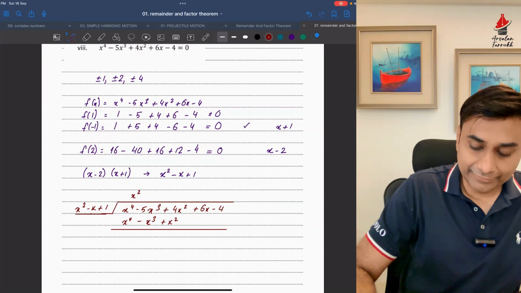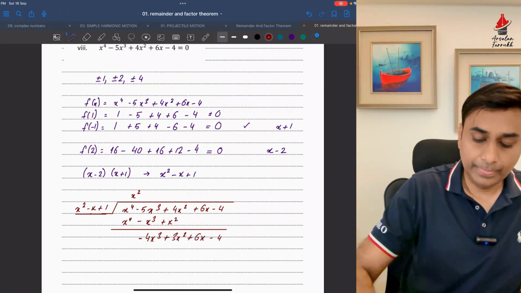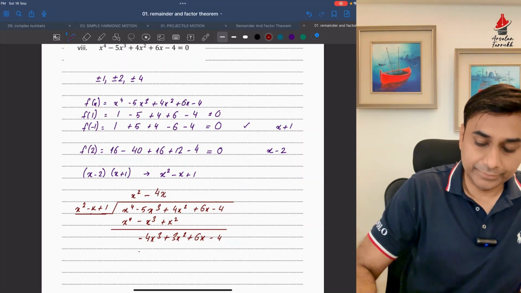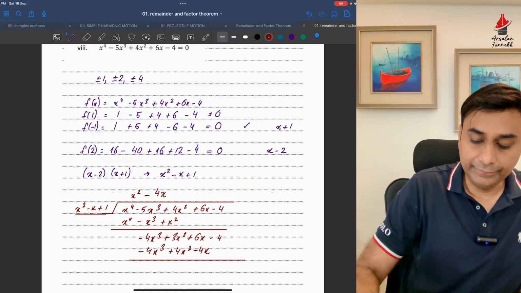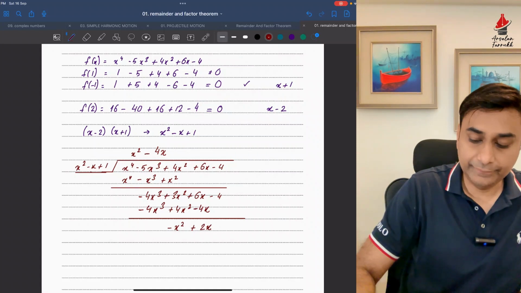Subtracting these will give me minus 4x cubed plus 3x squared plus 6x minus 4. And my next term is going to be minus 4x. That gives me minus 4x cubed plus 4x squared minus 4x. I subtract these and I'll get myself minus x squared plus 2x minus 4.